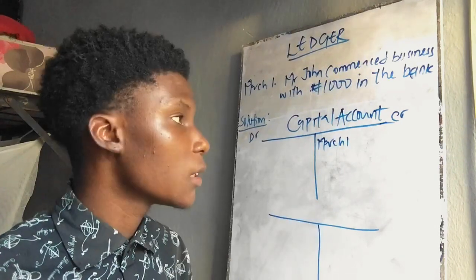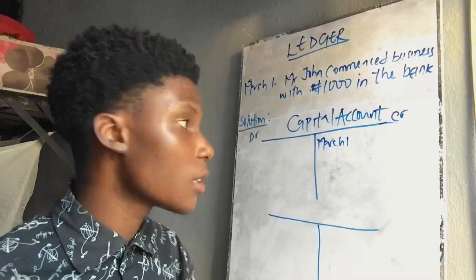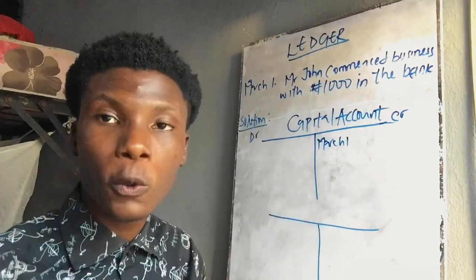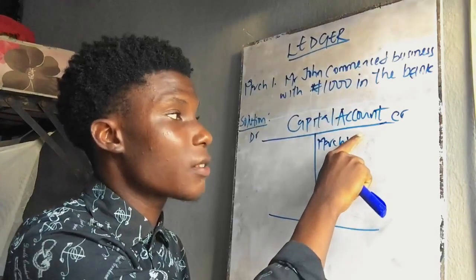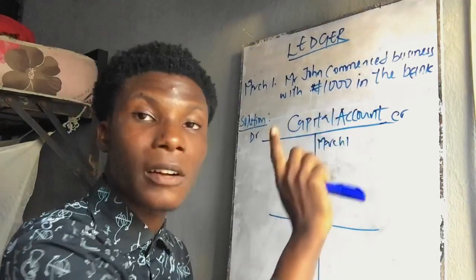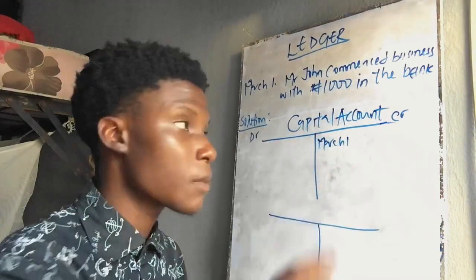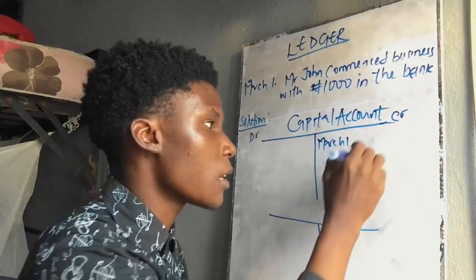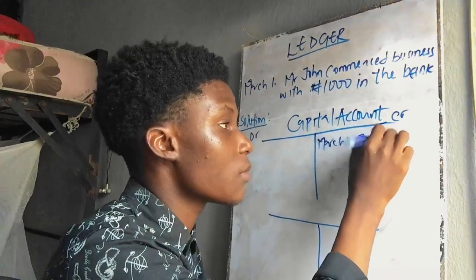You put the receiving or corresponding account in this place, to show that since the capital account is being credited, the bank account is going to be debited with whatever amount we place here. So we have bank here because bank is receiving.